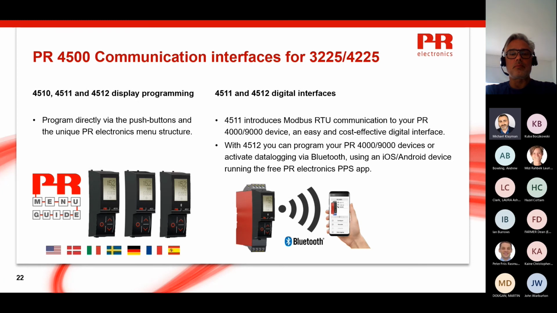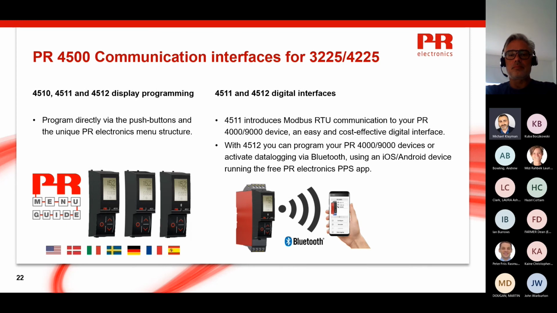The 4510 display is perfect for simple display and programming. Using the 4511 and 4512 communications enabler, the 4225 frequency converter becomes a Modbus interfaced transmitter, or a Bluetooth-enabled smartphone app programmable transmitter with onboard data logger.